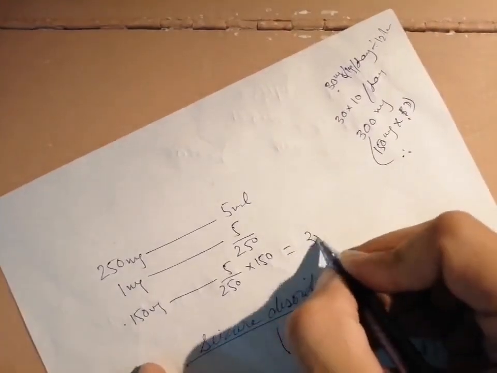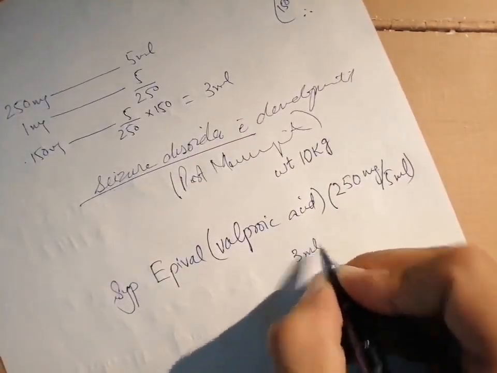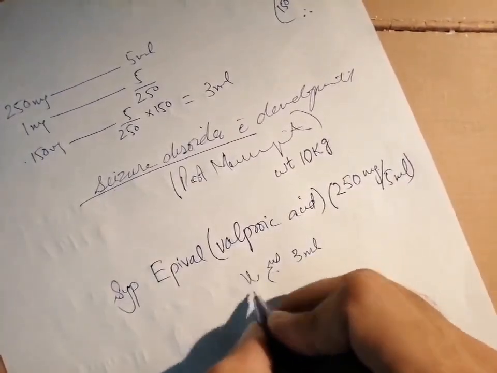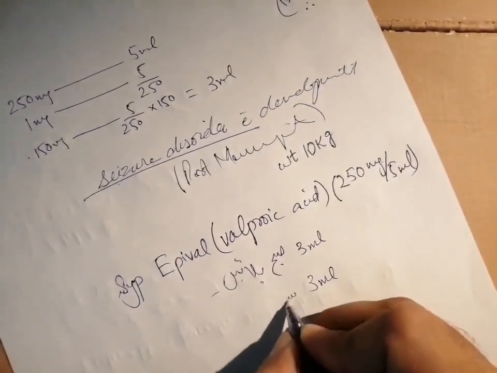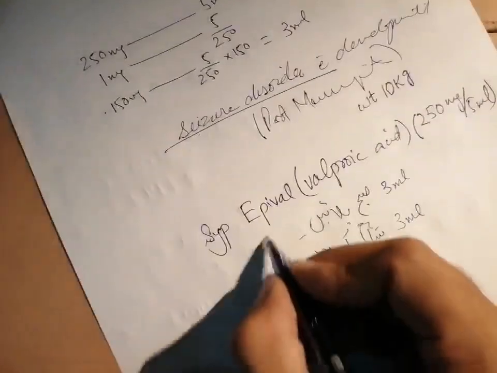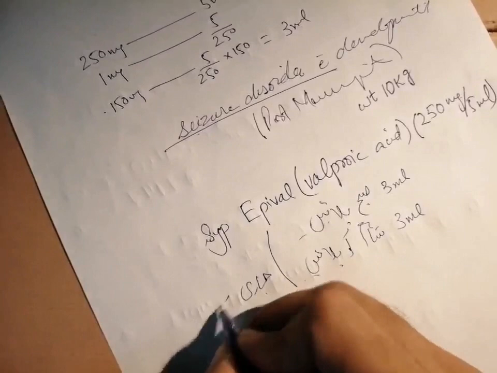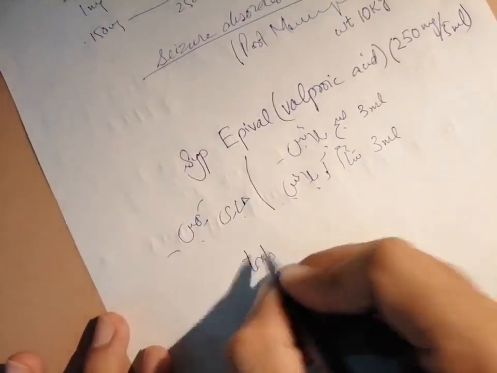It is 3 mL. So I will write here 3 mL in the morning, 3 mL in the evening, continue. I will advise along with it tablet folic acid.